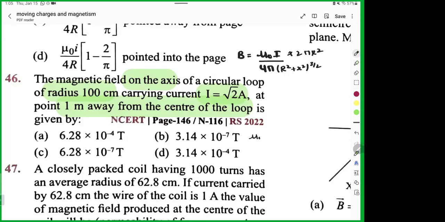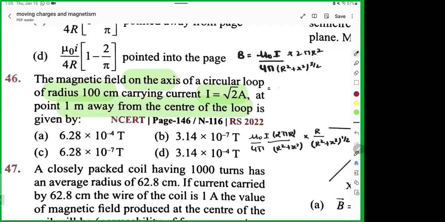Actually, the axis formula is mu naught upon 4 pi, I by 2 pi r. R square will be r square plus x square, and sine theta will be r by r square plus x square whole 1 by 2. So I compiled this: mu naught I 2 pi r square and r square plus x square to the power 3 by 2.